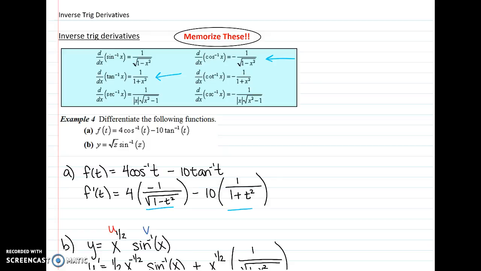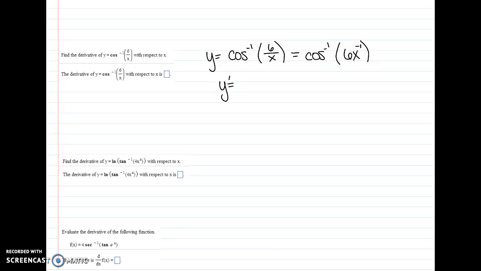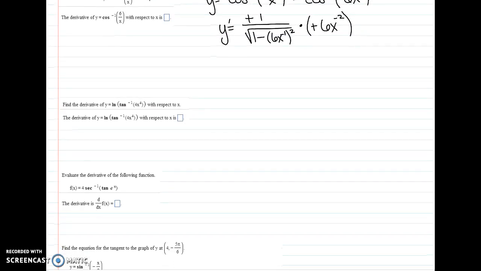We don't have just an x. We don't have inverse cosine of x. So we're going to write this as a blob: negative 1 over the square root of 1 minus blob, 6x to the minus 1 squared, times the derivative of the blob. The derivative of 6x to the minus 1 is negative 6x to the minus 2. If you want to combine and make both of those positive, you totally can. Totally all right.